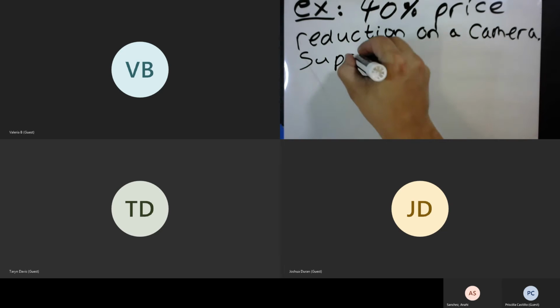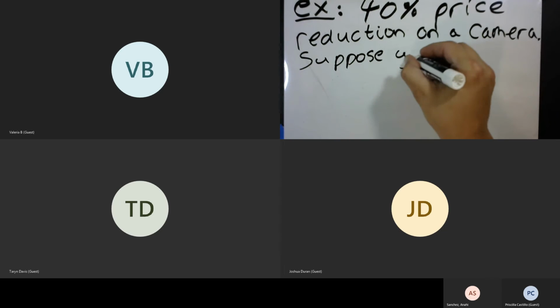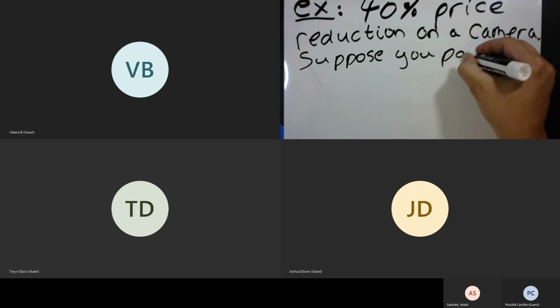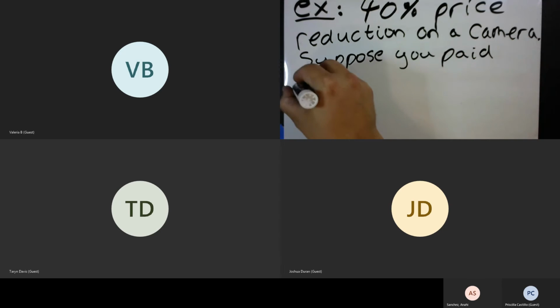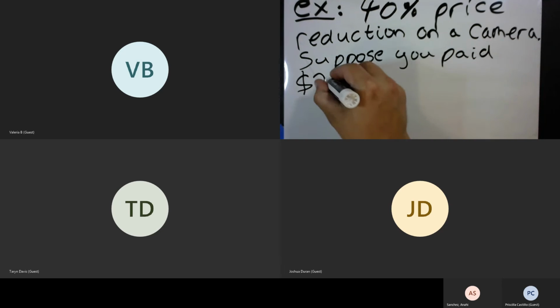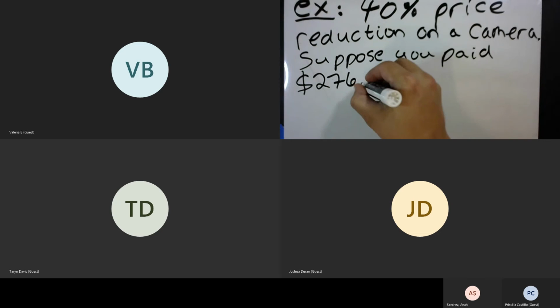Now, suppose after the reduction you paid $276 for that camera.